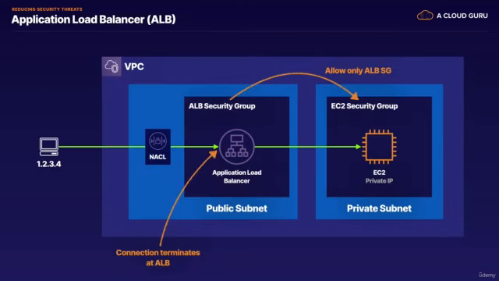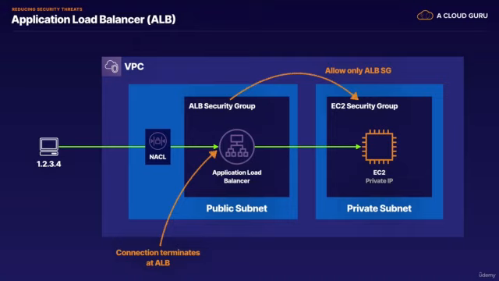Now, this gets a little more complicated once you introduce an application load balancer into your environment. With an application load balancer, the incoming connection from your bad actor will terminate at the ALB itself. So your EC2 instance itself will be completely unaware of that origin IP. A host-based firewall would be ineffective in this case.